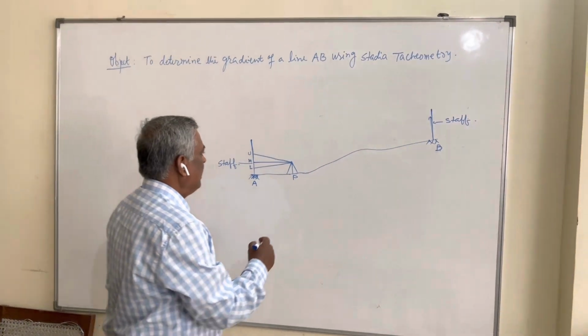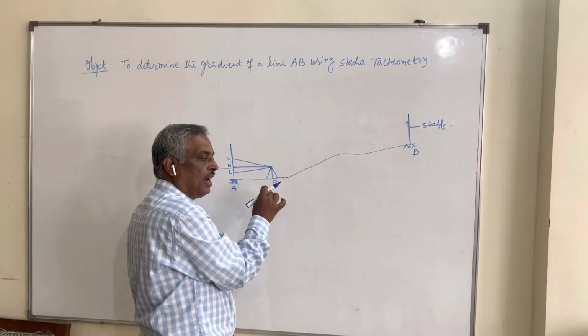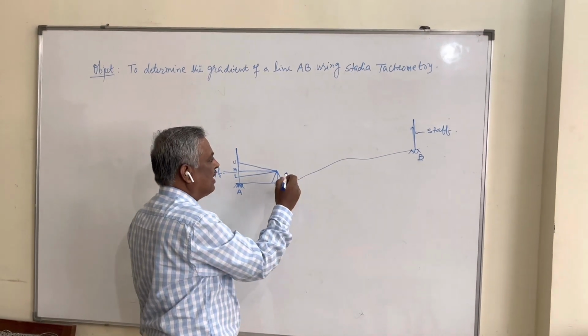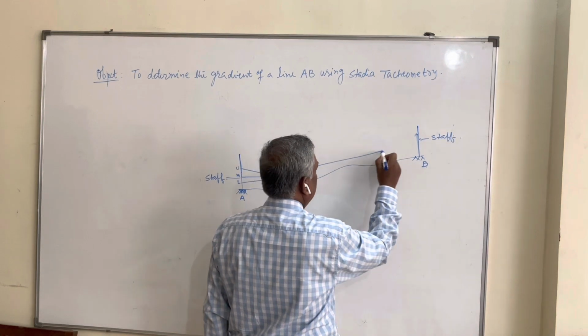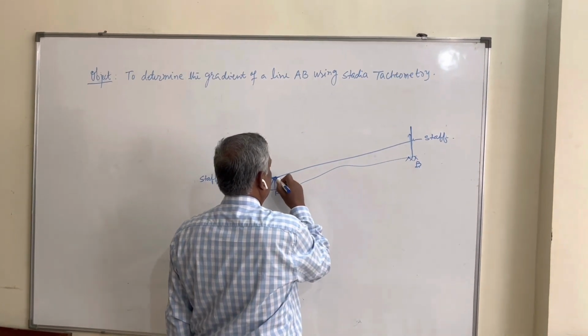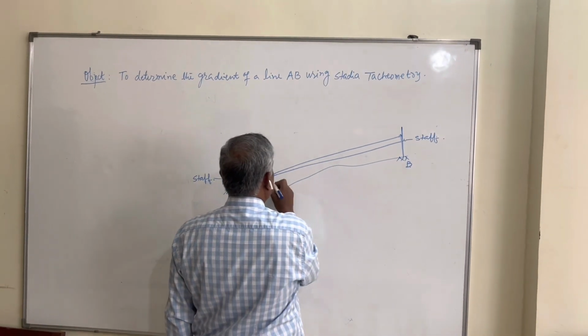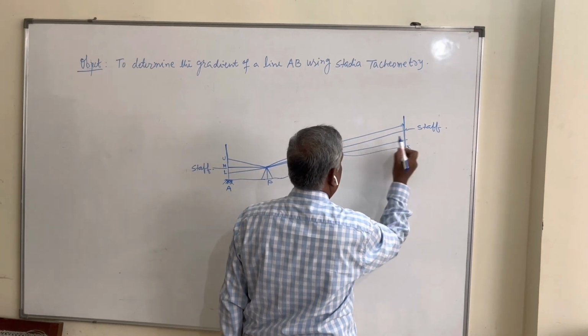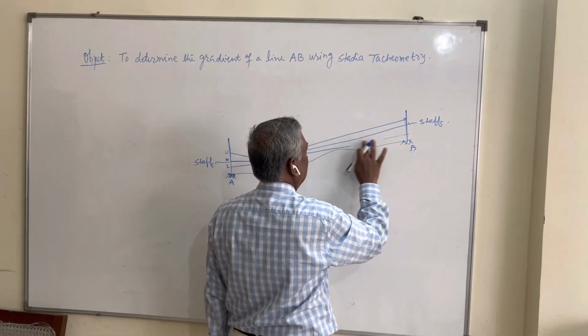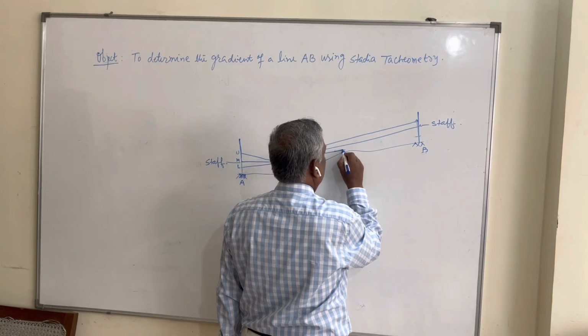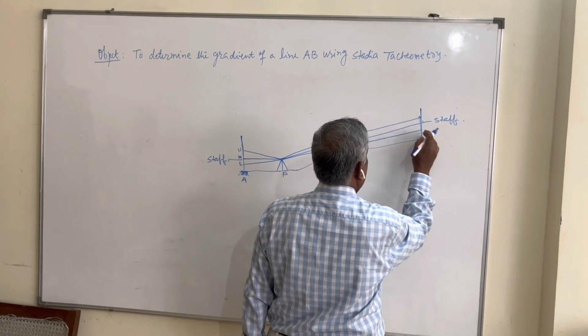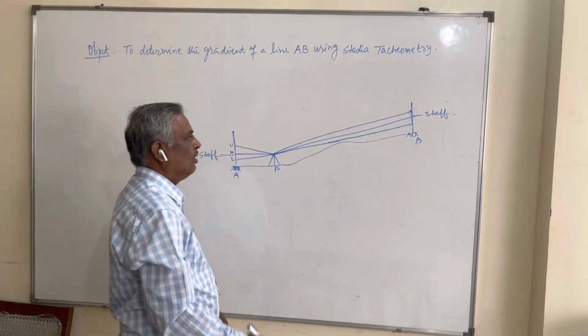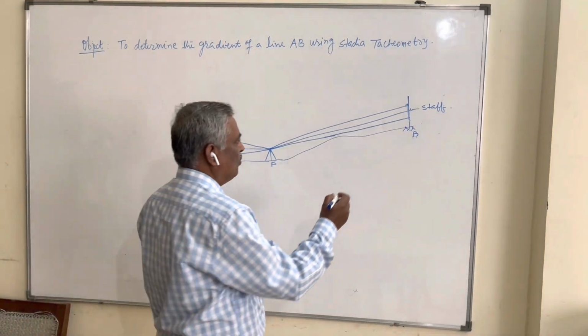And similarly, then we keep the horizontal angle 0, rotate it, and see the 3 wires reading. Three wire readings on a staff or a roof.